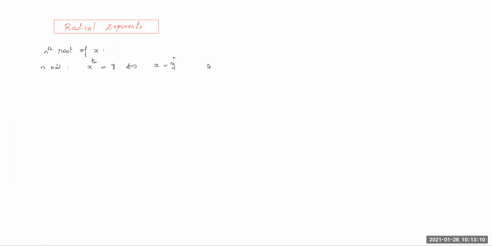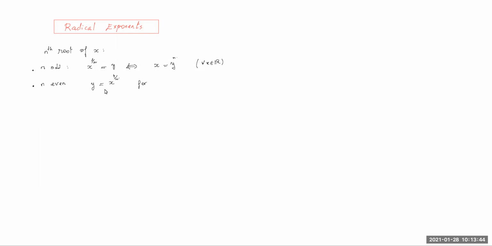There is no restriction on x. For any x, this is true for any x in R. Now, when n is even, we can still write the nth root of x with the same interpretation.